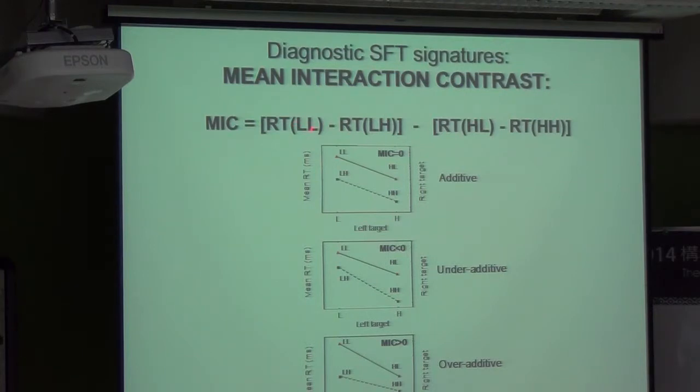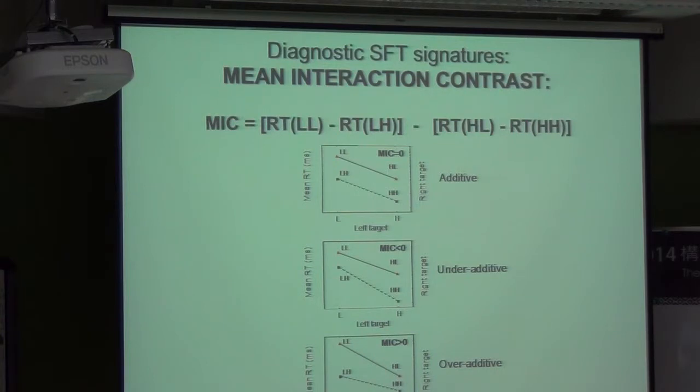The first and the second could indicate, in this particular case, maybe a facial feature. Is it the first facial feature or the second facial feature? First process, second process. In this case, both processes are low salience. In this case, the first one was low and the second one is a high salience. And what we find is the mean interaction contrast, which is pretty much identical to what we use to test ANOVA interaction significance.